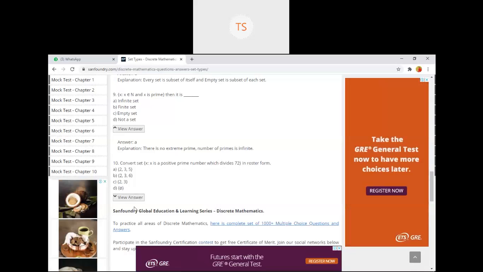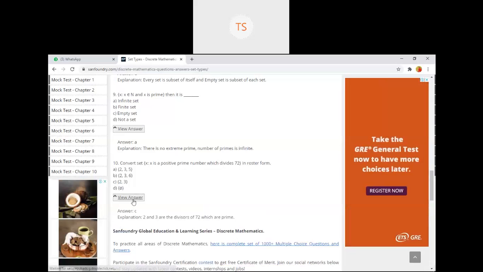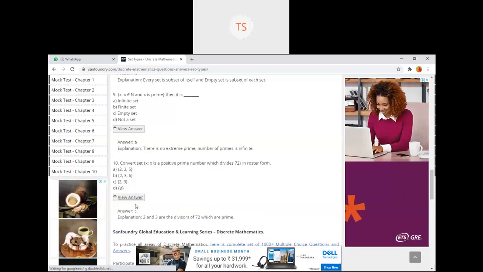Will you get any prime number which divides 72? See, here the correct option is option C, that means 2 and 3.